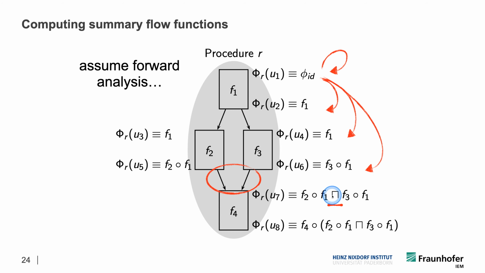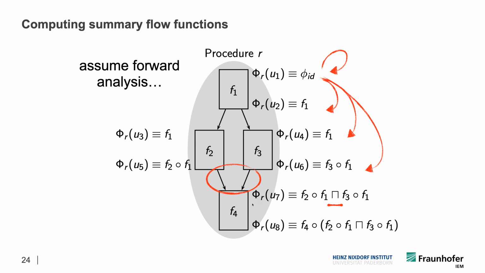But this is now a lifted merge operator defined on the flow functions. Typically, it's very easy to define such a lifted merge operator because all that it does, once you apply it, is apply the merge to the results that these functions actually compute.